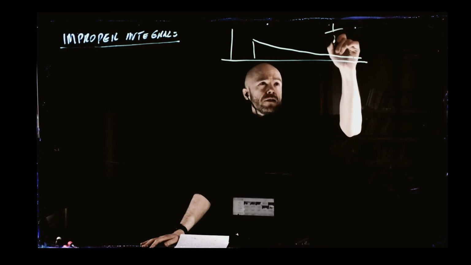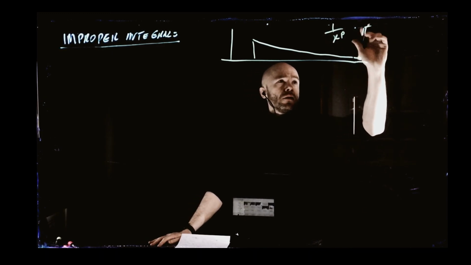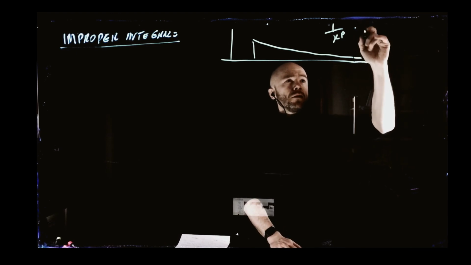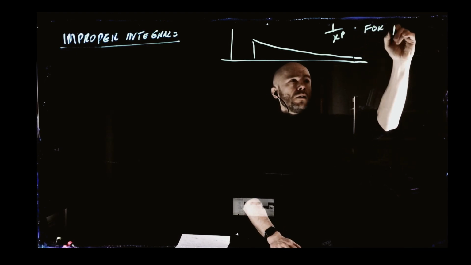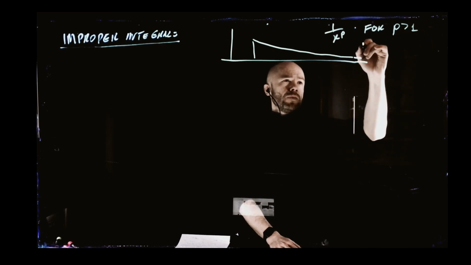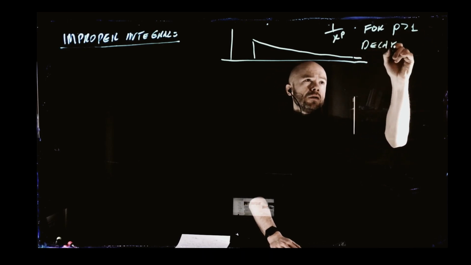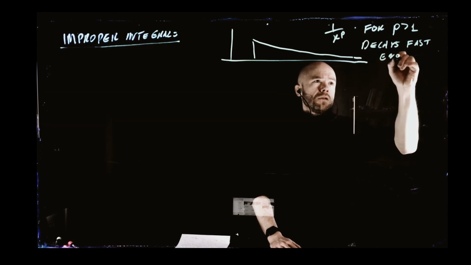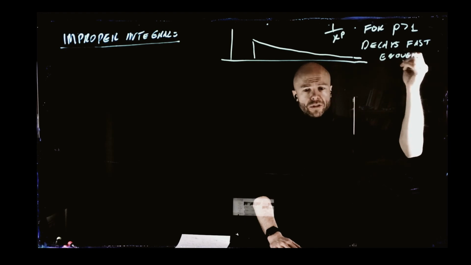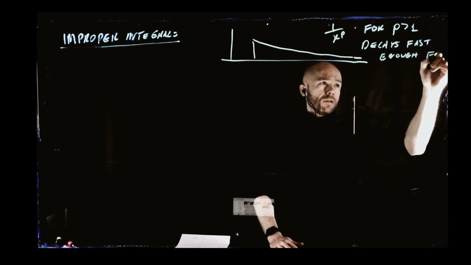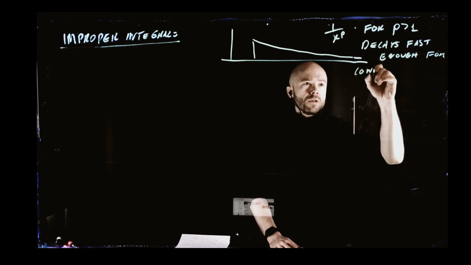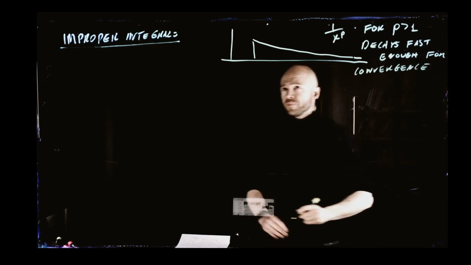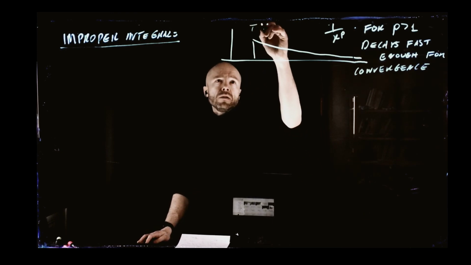But 1 over x to the p, for p bigger than 1, actually is decaying fast enough. And if the integral is finite, we say the thing converges. Okay, that's type 1.